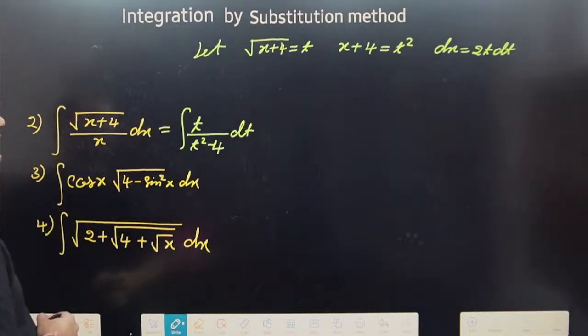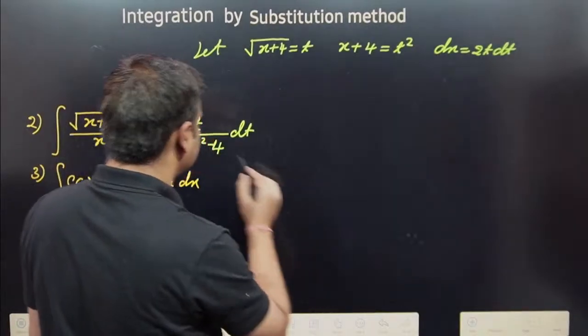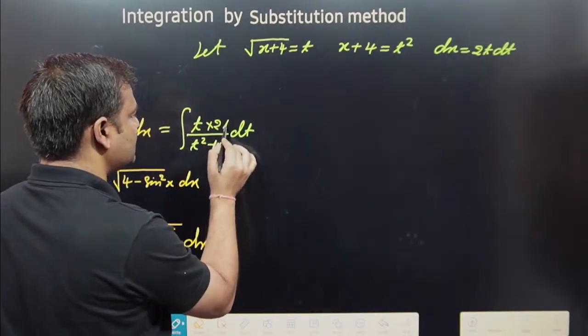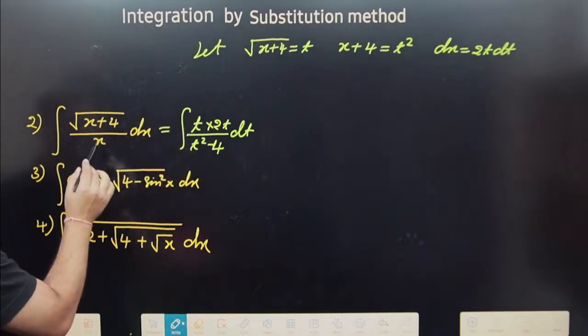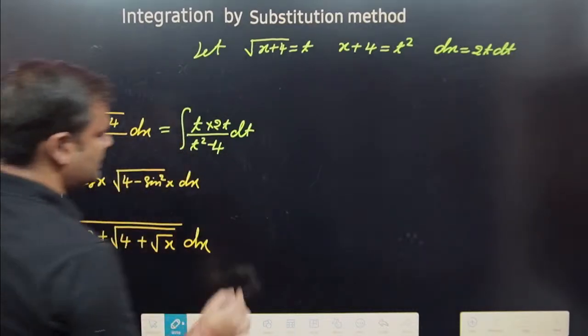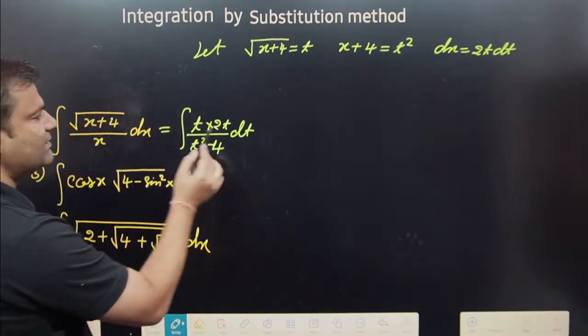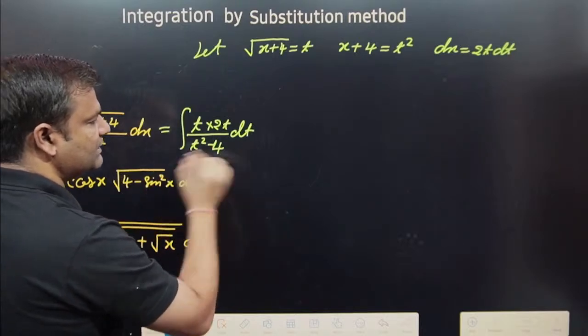Basically this is 2t dt. This one is replaced by t, and x is replaced by t square minus 4, and dx is replaced by 2t dt.